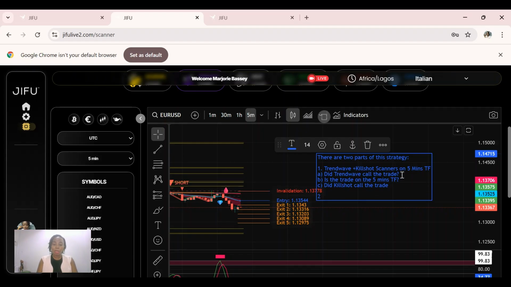So the second one is trend wave on 15 minutes time frame plus 30 minutes, 1 hour confirmation. So very, very straightforward. Two questions. Did the trend wave scanner, I'm referring to the Jifu trend wave scanner, call the trade on the 15 minutes time frame?